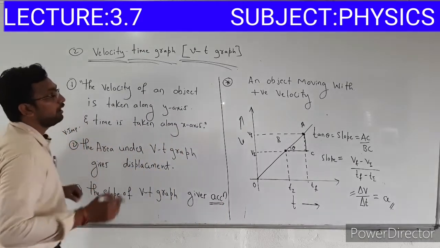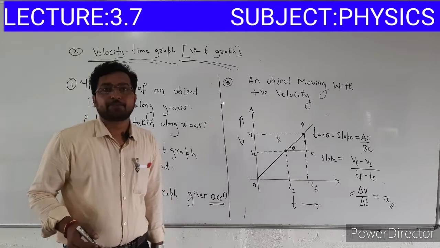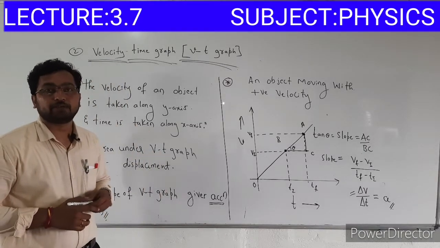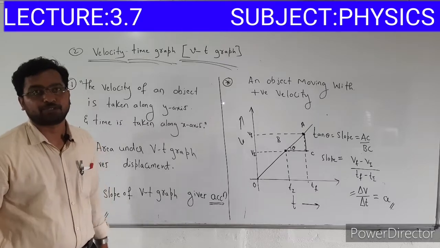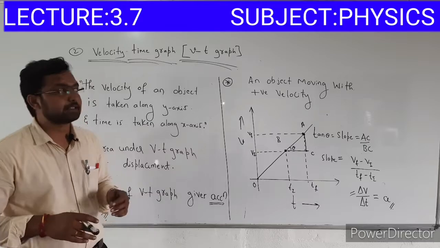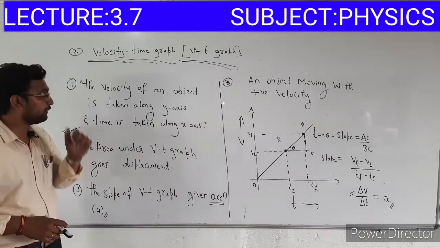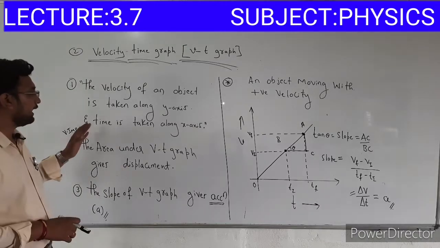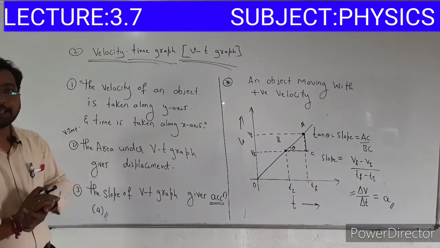And the last point is, with the help of the velocity time graph we are going to derive the equations of motion. To recap: the velocity time graph means velocity is taken along the y-axis and time along the x-axis.